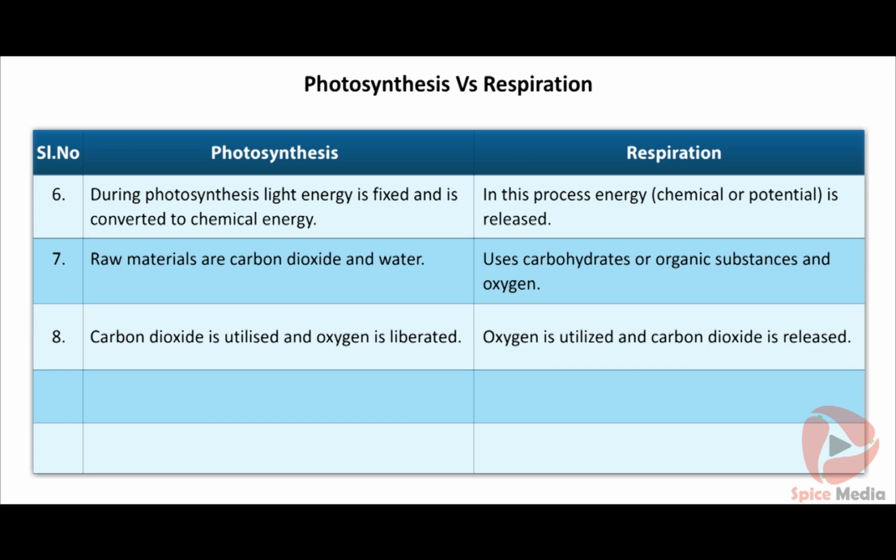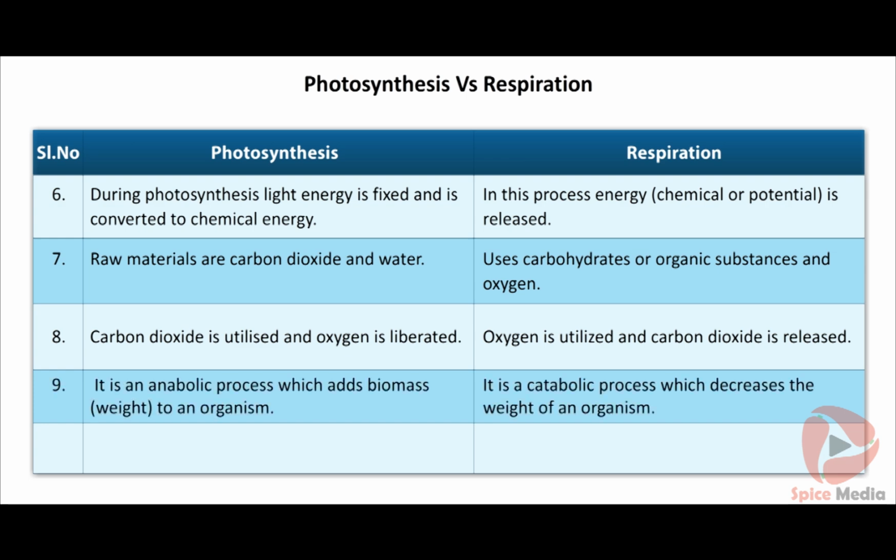During respiration, oxygen is utilized and carbon dioxide is released. Photosynthesis is an anabolic process which adds biomass, that is weight, to an organism. Respiration is a catabolic process which decreases the weight of an organism.